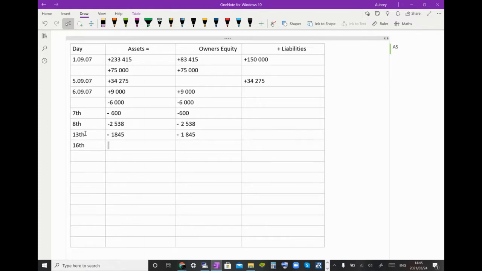Because we now have a computer, which is an asset, assets is going to increase by 21,930. And since we bought it on credit, creditors control, liabilities is going to be affected, and it's a plus because now we owe more than we did before this transaction. So 21,930. Then next one on the 17th.